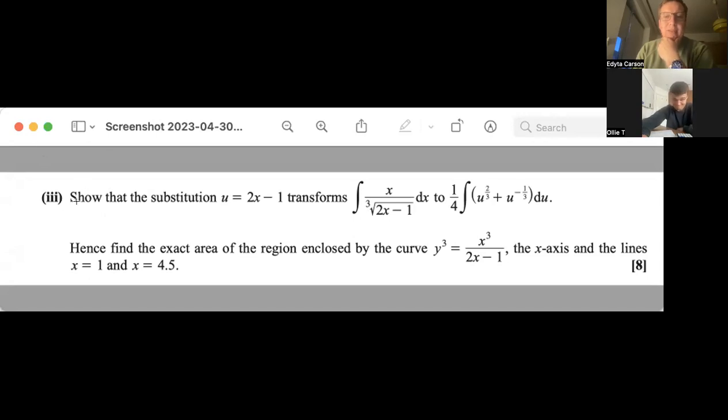So show that the substitution u is so there you go, it's telling you to use substitution there. It even helps you out by forming the integral for you. So notice quite a similar thing: you've got a du there, you've got u to the power stuff, and in front of it you've got a fraction. So it's quite similar to the previous one, and they often are similar in that respect.